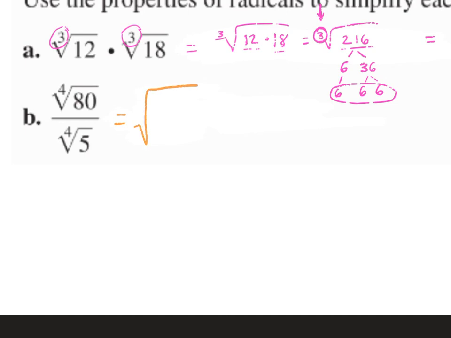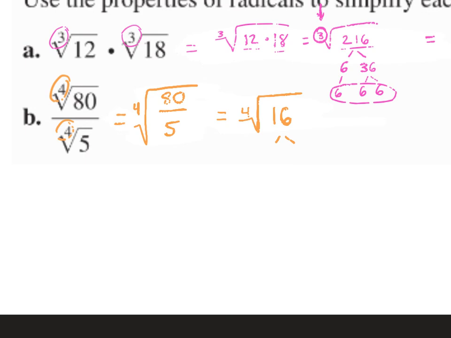What's 80 divided by 5? 16. Let's see if we can simplify the 4th root of 16. So what are some factors of 16? 4 and 4. What are factors of 4? 2 and 2, and 2 and 2. We're circling groups of how many here? 4. So we circle all 4 of our 2's. So a 2 comes out.